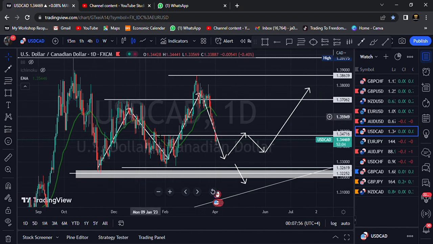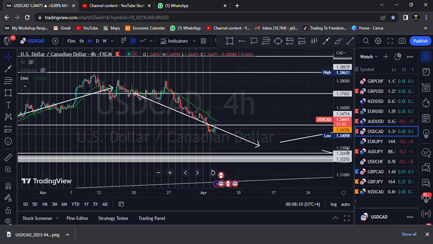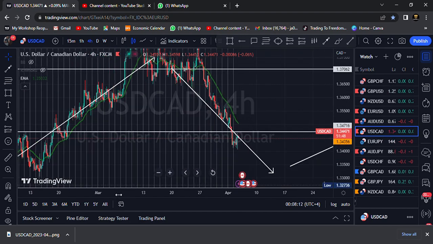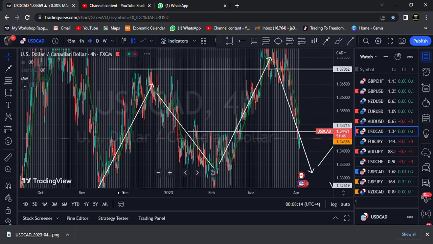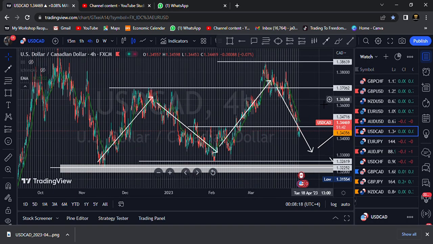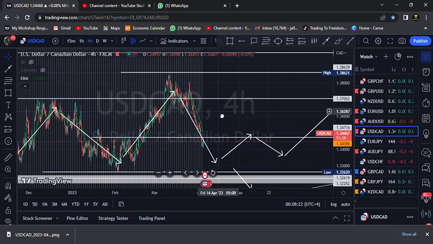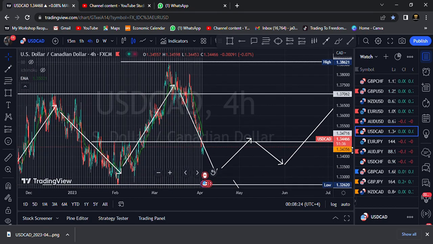We're only left now with this. So going down to the 4 hours, see, it's very clear. The structure is very clear with the 4 hours. So we still keep it up.